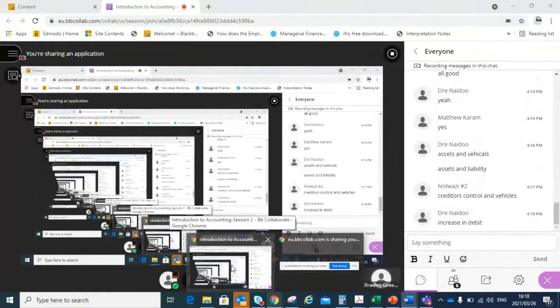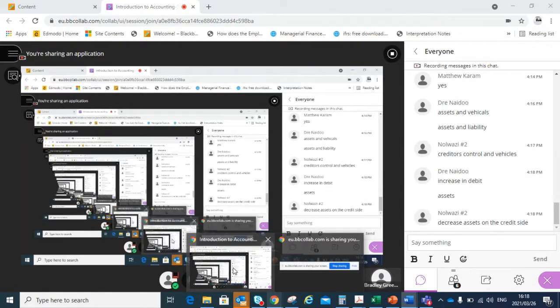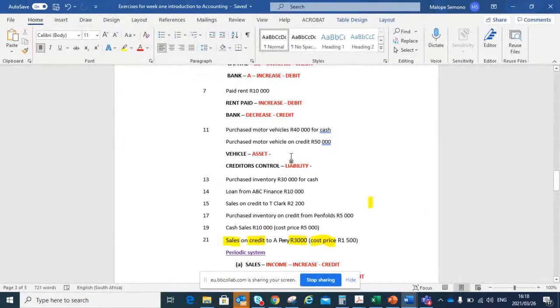Increase. Which one is increasing, Dre? Between the assets and the liabilities, tell me. Oh, assets are increasing. Okay, I agree with you. I'm going to say increase on the debit side. I agree with you. What about the creditors control?